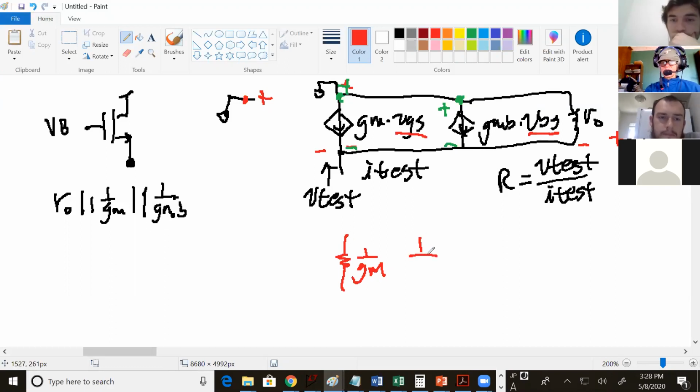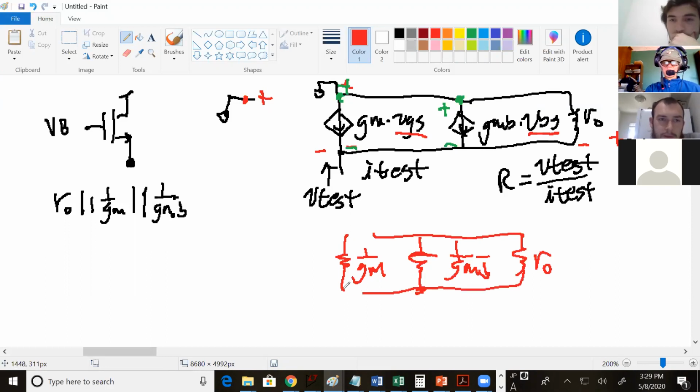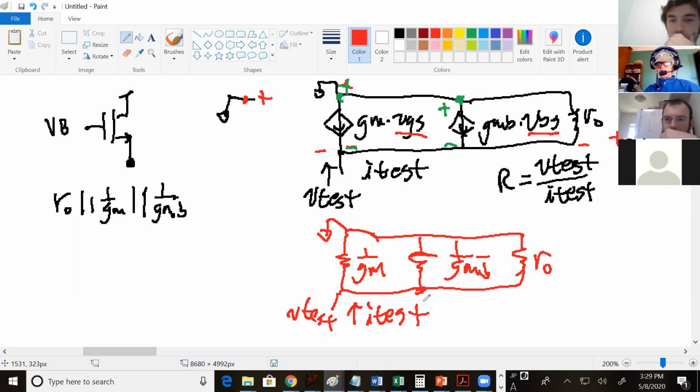So you can do that. 1 over GMB. And the RO is still there. So you have RO. And this is grounded, so it's kind of like the resistor is upside down. V test, and your I test. And you can see it's all three of those in parallel.